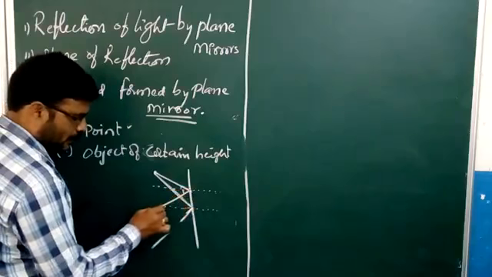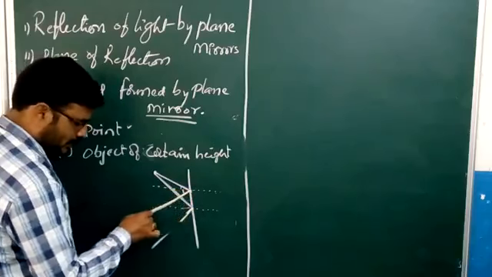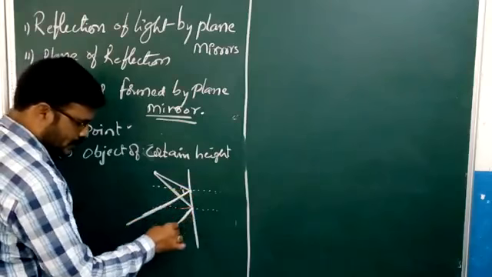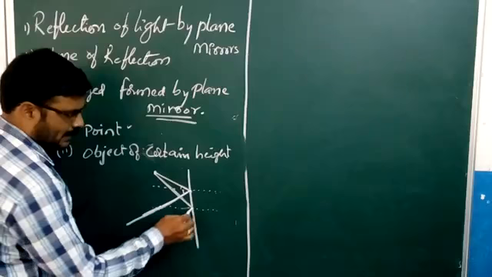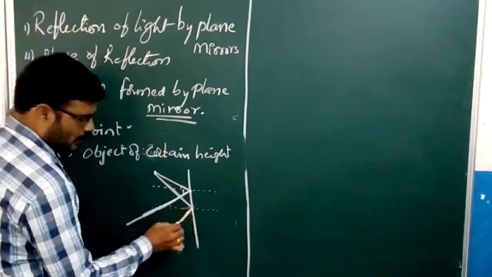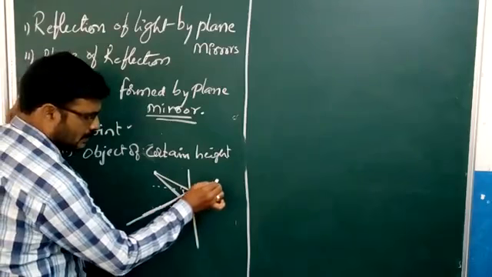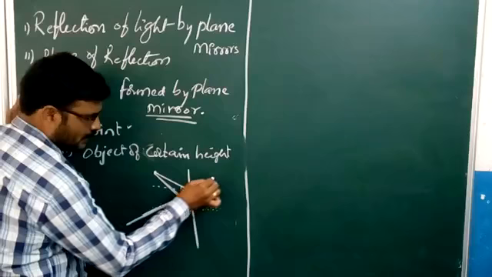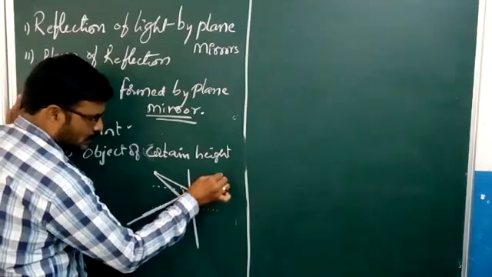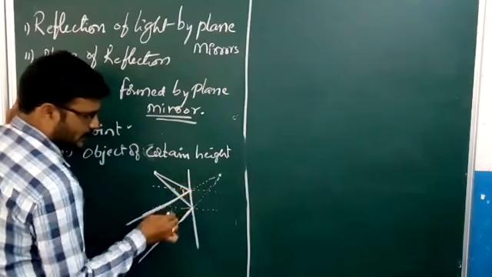You are making a point over here and joining from this point to that point, so you will be drawing like this. Now you extend these 2 lines to a point where these 2 lines seem to be coming from.